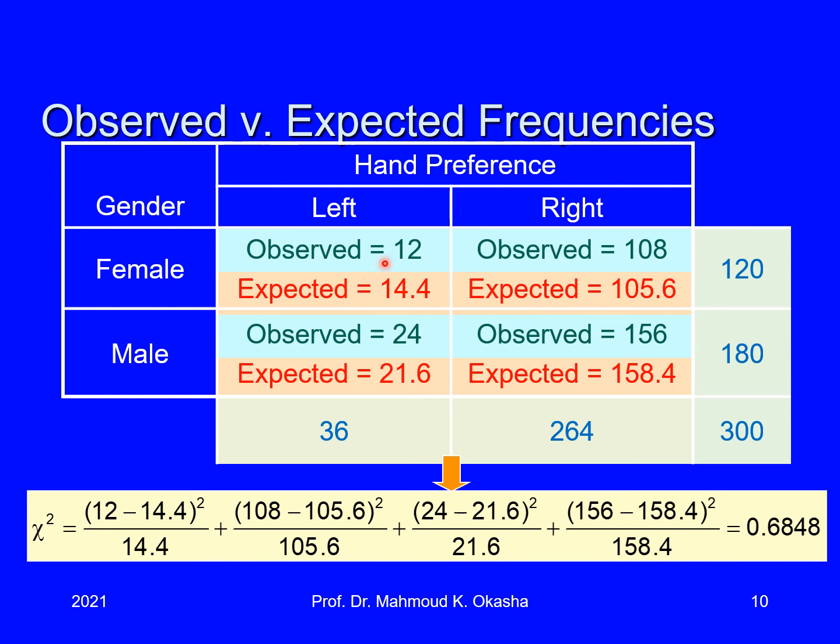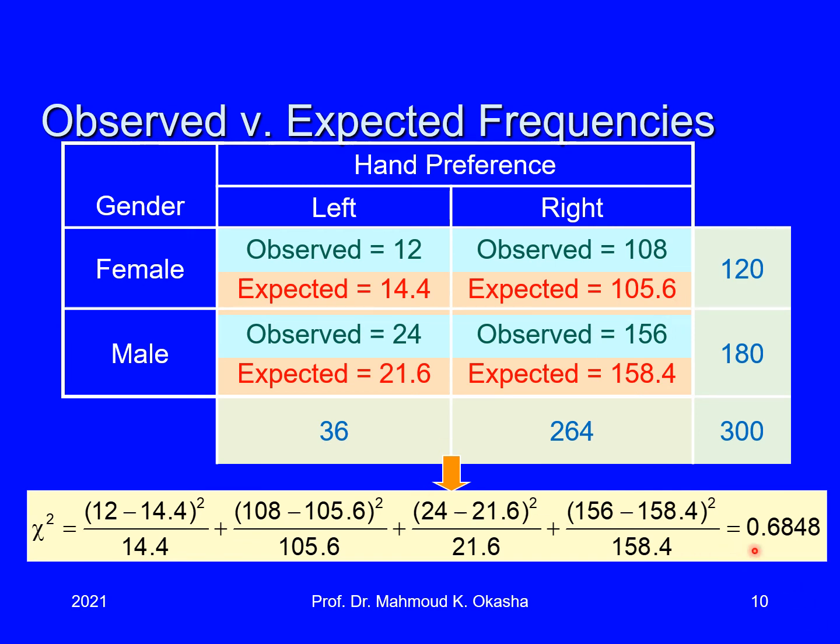Chi-square equals (12 minus 14.4) squared over 14.4, plus (108 minus 105.6) squared over 105.6, and so on up to the end.